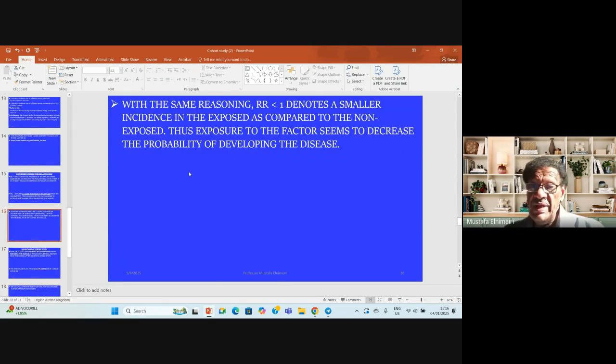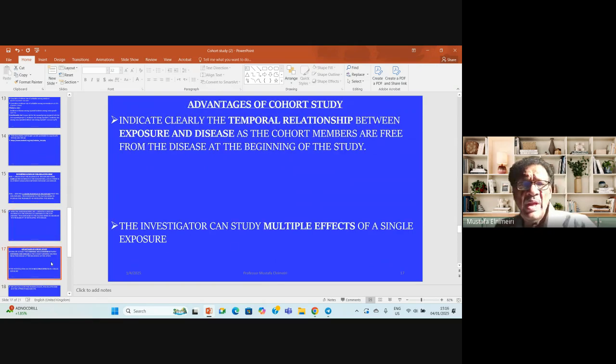With the same reasoning, if the relative risk is less than 1, it denotes a smaller incidence in the exposed as compared to the non-exposed, and thus exposure to the factor seems to decrease the probability of developing the disease.